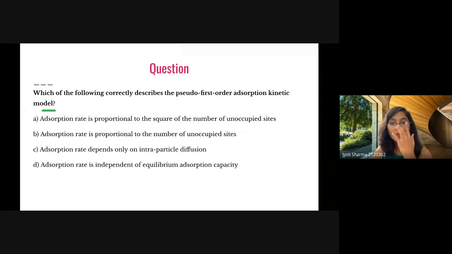So what do you think? What should be the right one? And if it is first order, then it will be directly proportional, right? So let me see. Venkateshwara gave me the B answer.